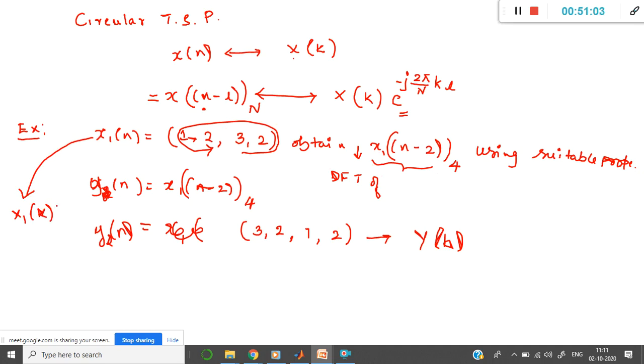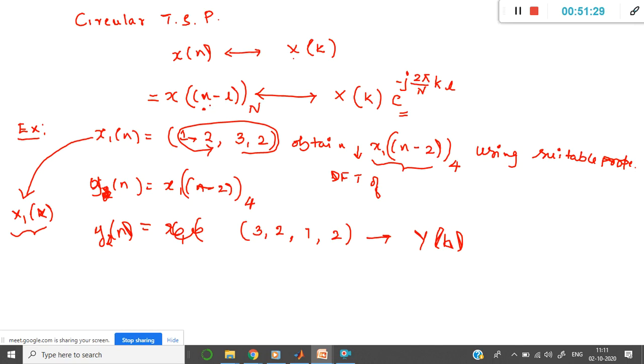Then multiply each individual value of x1 of k with e to the power of minus j 2 pi by N k l. Try to solve this example. If you get the answer, well and good. If not, tomorrow I will discuss the answer.